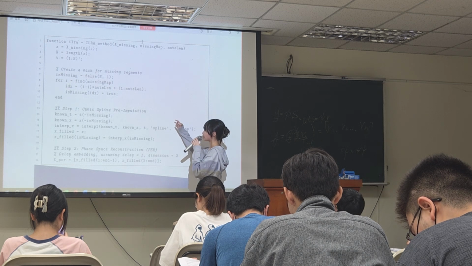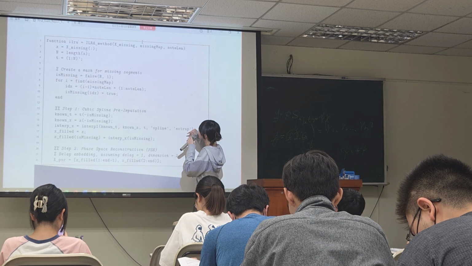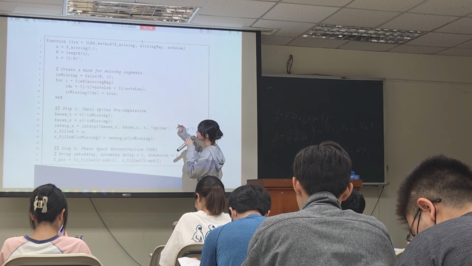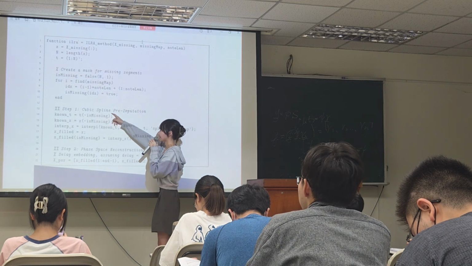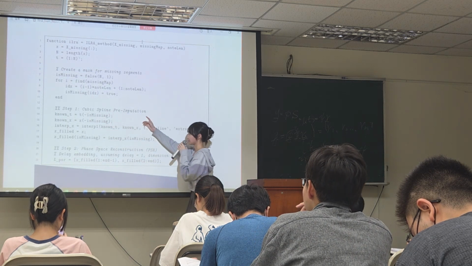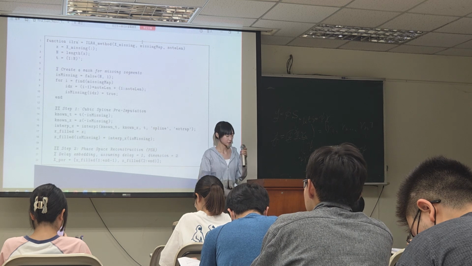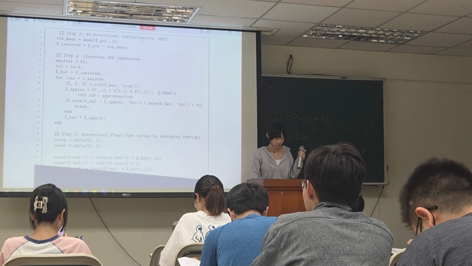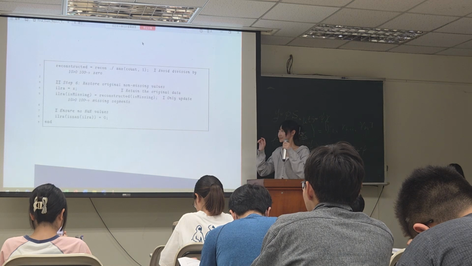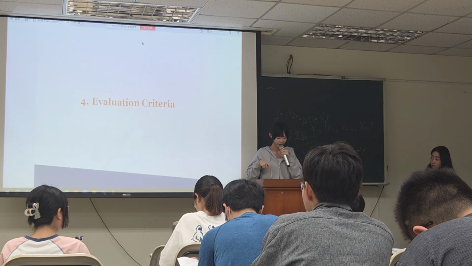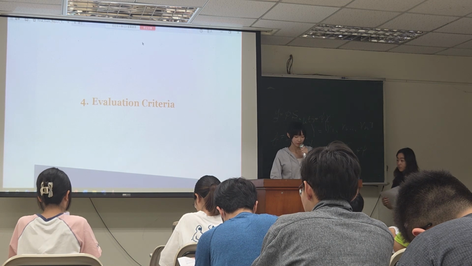And this is the code we use to recover the audio signal. We can see that cubic spline is here for pre-imputation. And that's all for the recovery methods we use.